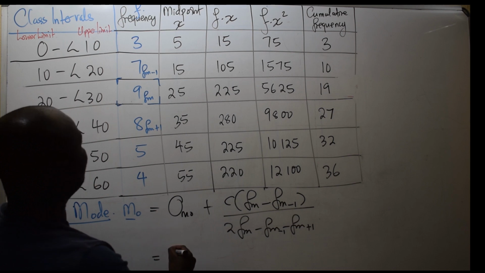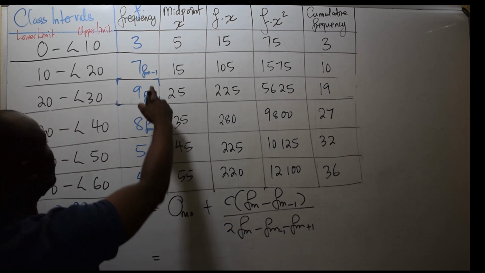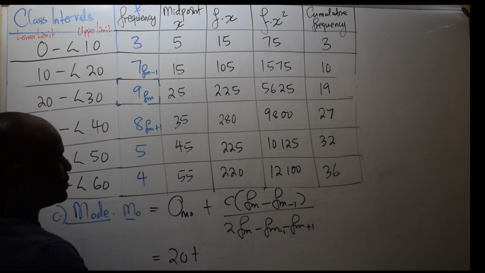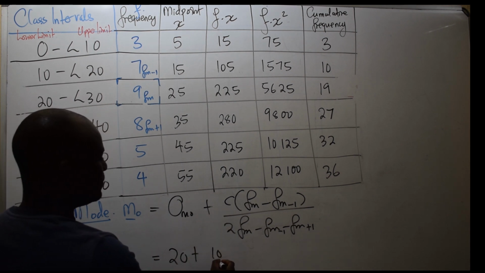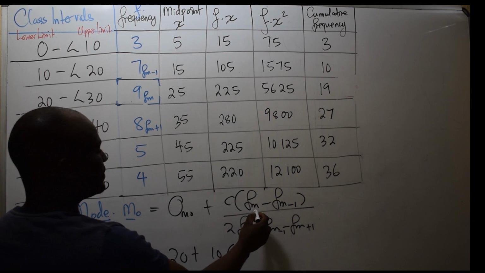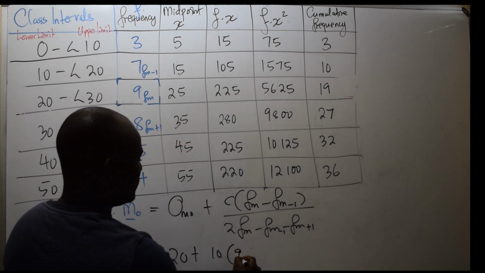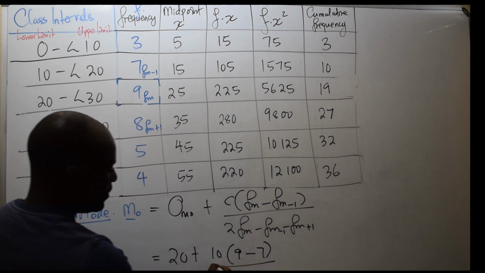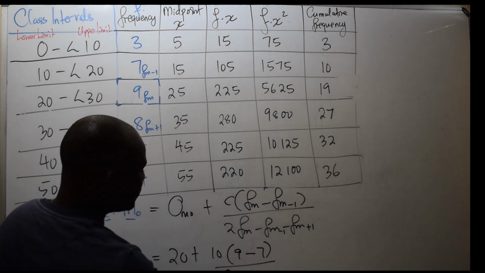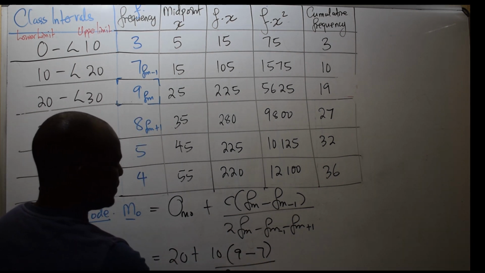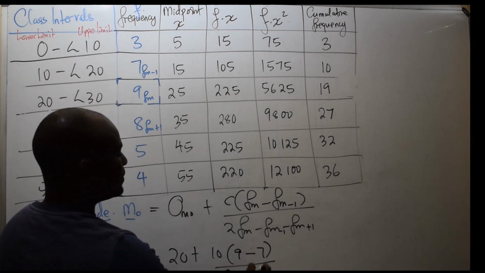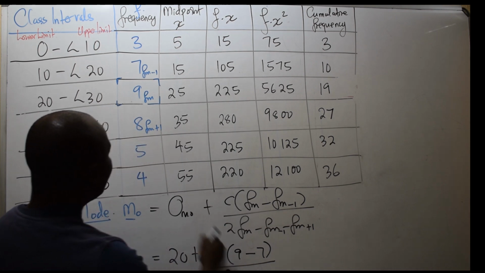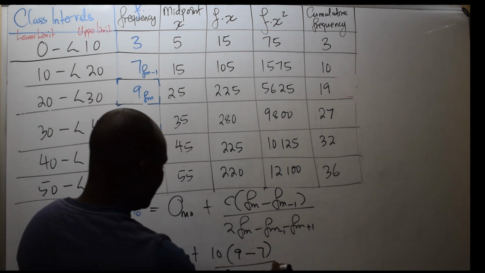So we're going to say the lower limit is 20. So 20 plus C, which is 10, in brackets 9 minus the one before, which is a 7, divided by 2 multiplied by the 9, minus the one before, which is a 7, and the one after we are still taking away.